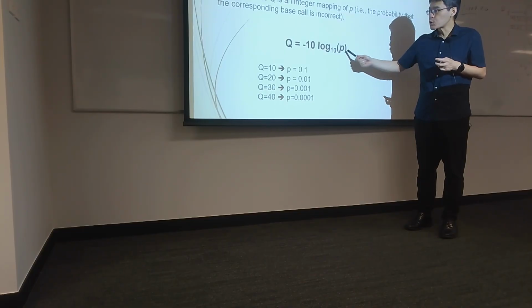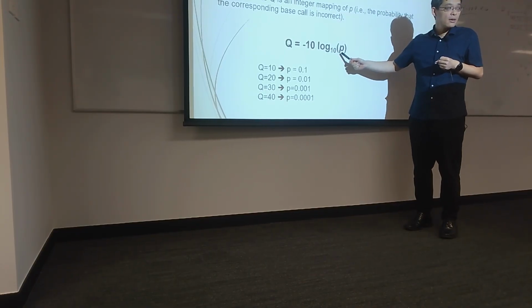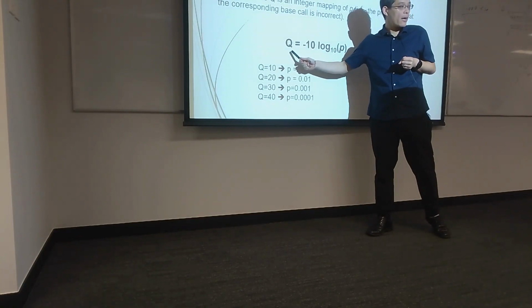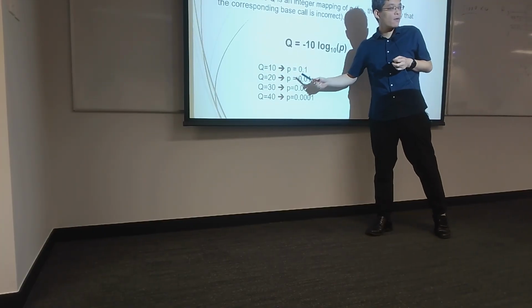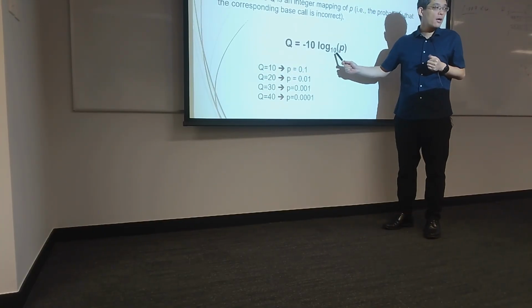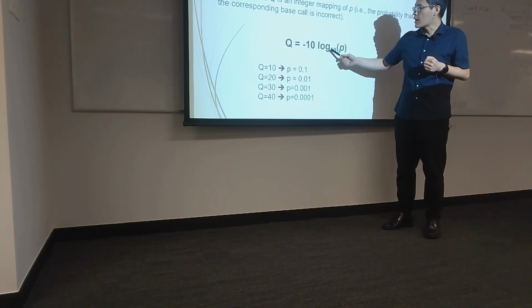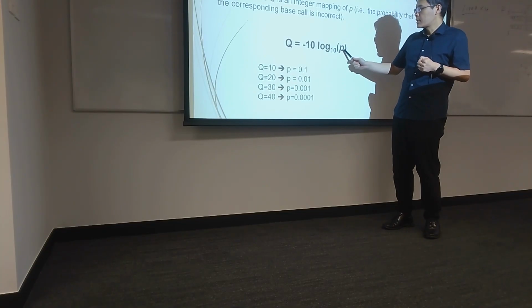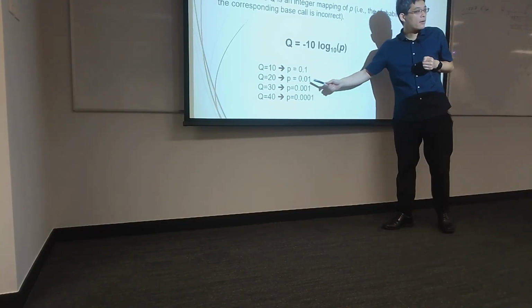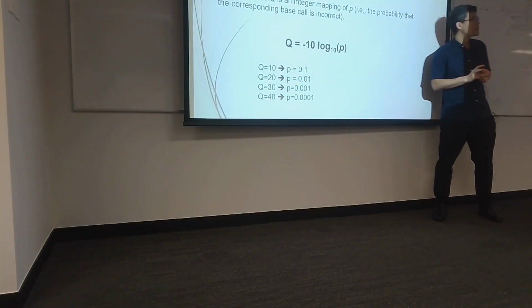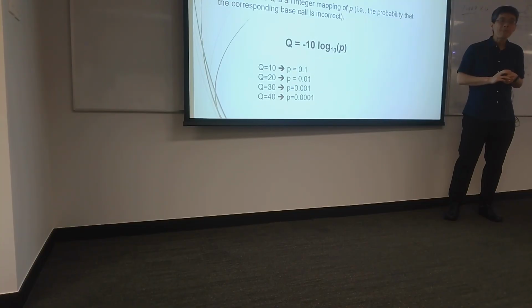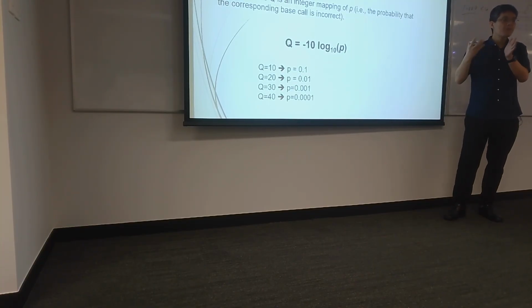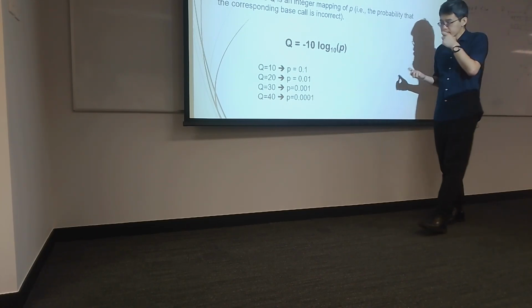For example, we want to translate the p into a Q value. Here we use a very simple formula, Q equals minus 10 log 10 p, okay? For example, if p equals 0.1, 0.1 means we have a 10% chance of making a mistake, right? This is a very big p-value. It's not good.